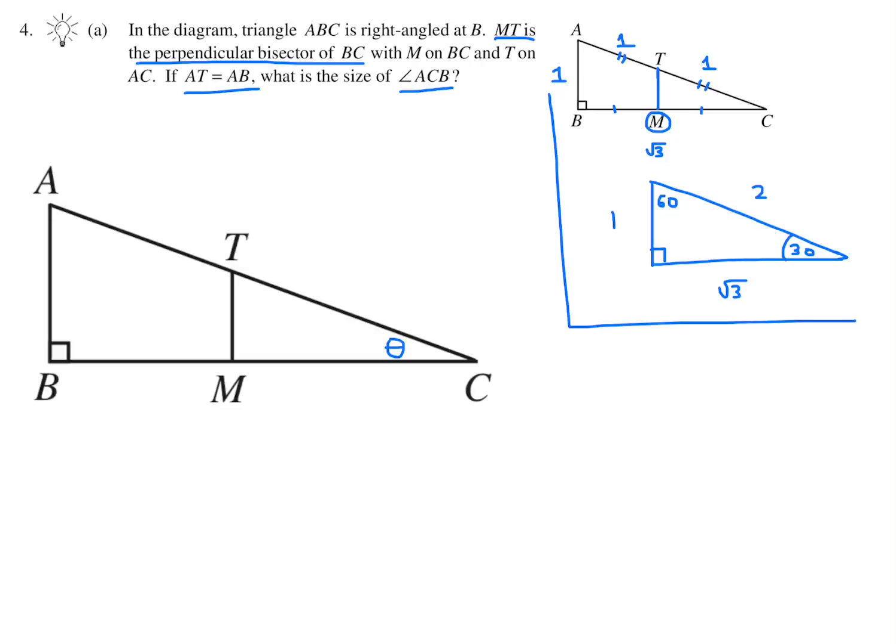So therefore, if you joined a line from B to T, then that would make this an isosceles triangle. That's basically the fundamental property of when you draw a line like TM that cuts the base in half: it makes it an isosceles triangle.